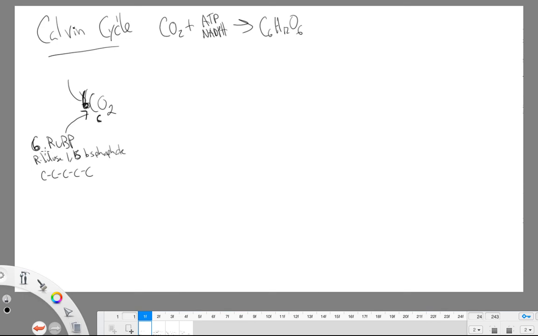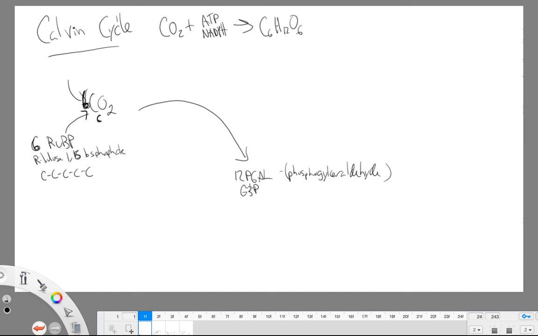So 6 ribulose bisphosphates are going to combine with 6 carbon dioxides, and they are going to create 12 PGAL, or phosphoglyceraldehyde. Sometimes you will also hear this called G3P, right?